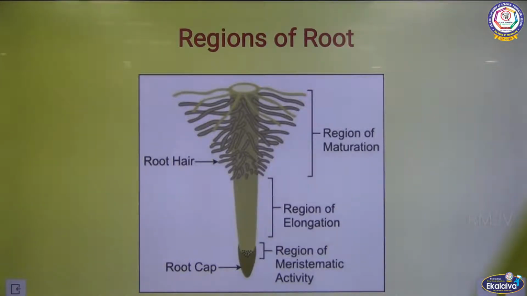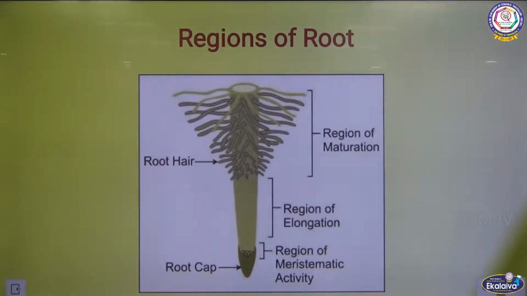As we know, meristematic cells are those in a continuous state of division and they increase in number, and after repeated division they have to elongate or enlarge in size so that they increase in length, and that region is called the region of elongation.